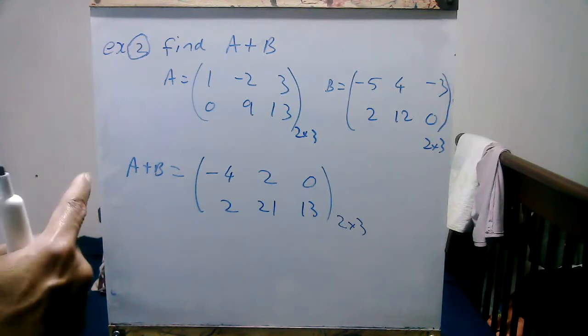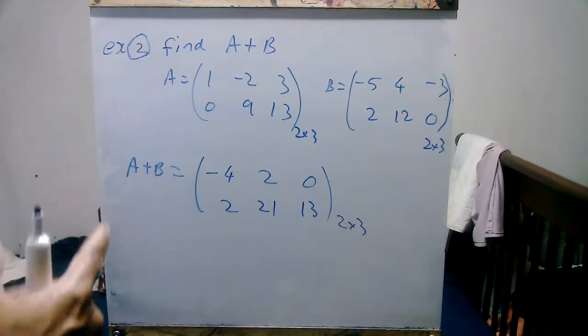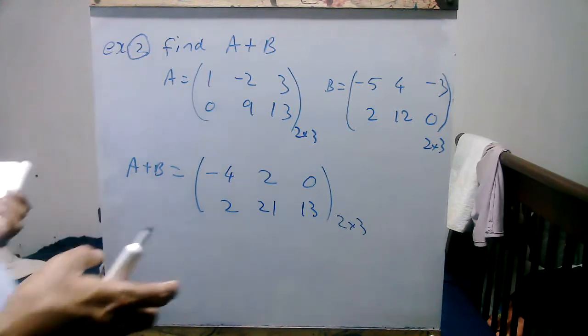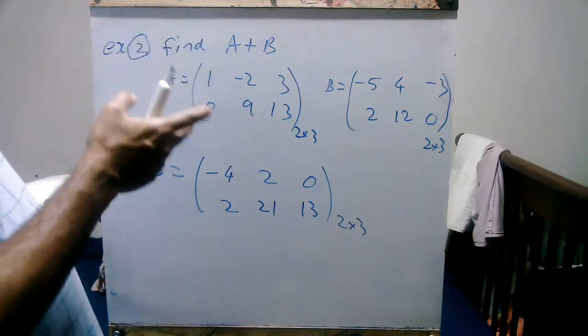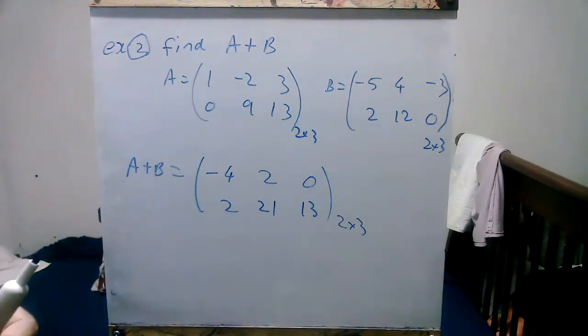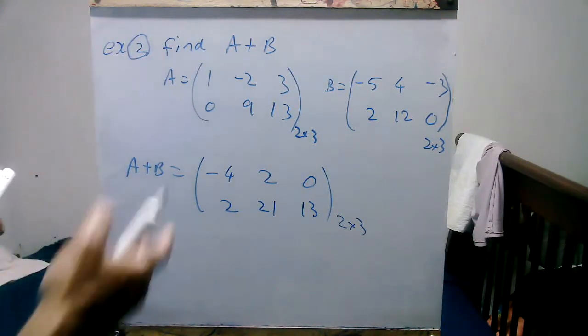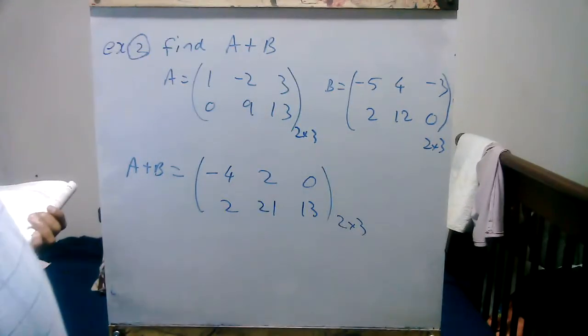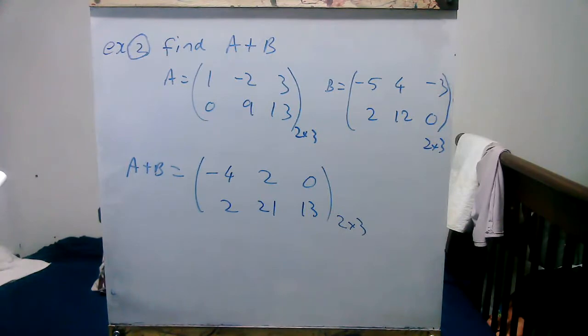This won't be the same in case of multiplication. You will see that. Therefore in addition, whatever operations you do, just keep track and check their dimensions. In case of addition, their dimensions should be the same.